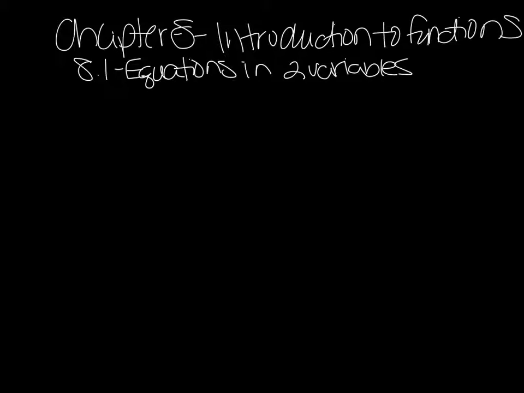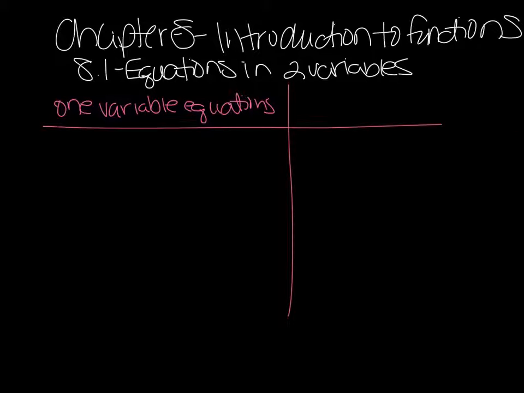So let's look at the examples of those. Let's look at some 1 variable equations. This is what we're used to seeing. These are equations that look like 2x minus 3 equals 7, right? Just an x, 1 variable equations.